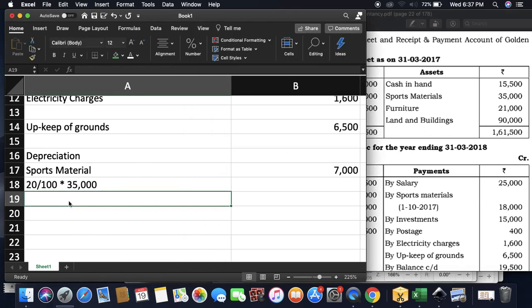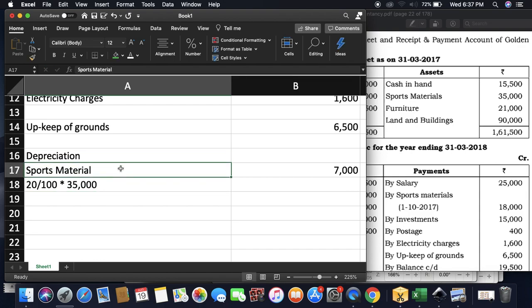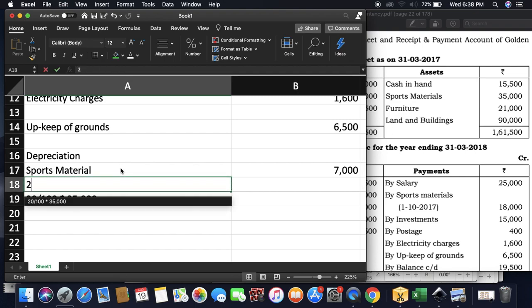So we use the same formula. This time, preferably guys, I would say write it in the inner column. Let me do one thing. Let me add one more. Let me write it here. 2017 sports material. Okay.